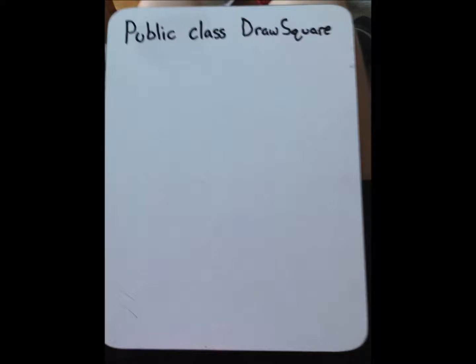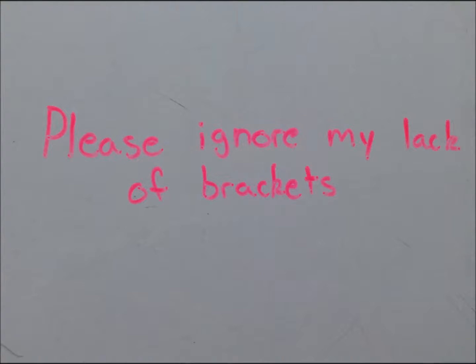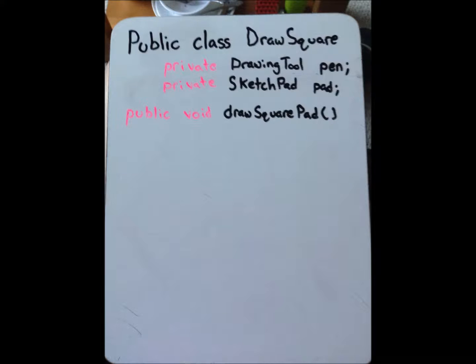The state of an object depends on its components. The draw square object includes one drawing tool object declared in the line that begins with the word drawing tool, and a sketchpad object declared in the line that begins with sketchpad. The drawing tool object is given the name pen, and the sketchpad object is given the name pad.